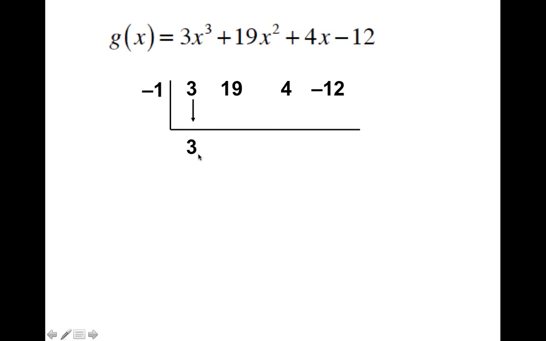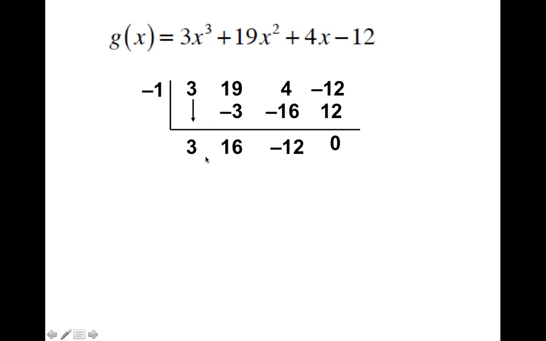Multiply -1 times 3, it's -3. 19 plus -3 is 16. -1 times 16 is -16. 4 plus -16 is -12. -1 times -12 is +12. -12 plus 12 is 0, which is good. We know that we did this correctly.